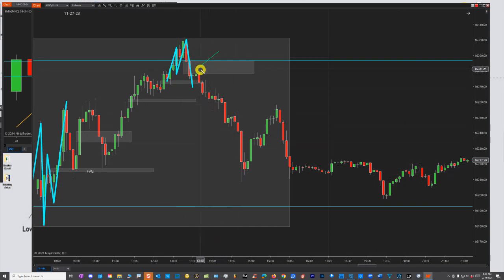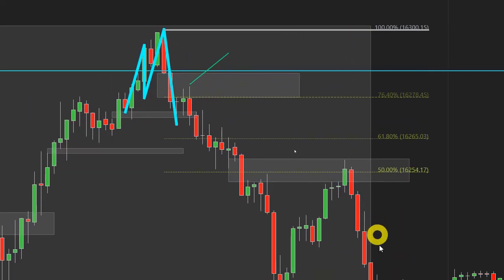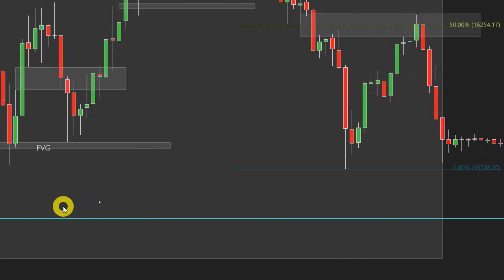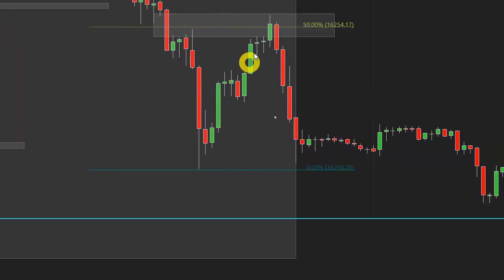Price comes back 50% of the range right here. Let's take a look at that. Into a fair value gap, right? Let's mark it out. Here's the fair value gap right at the 50% range. And you could short here, or you could see this gigantic move down. Where does it bounce? Right into the range of the fair value gap and goes back up.